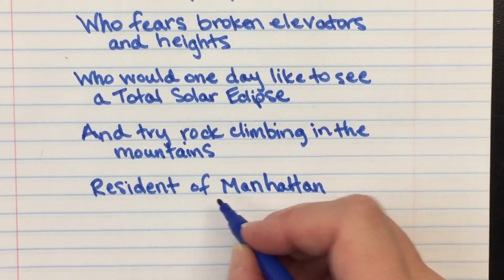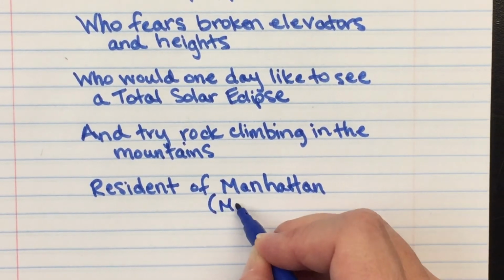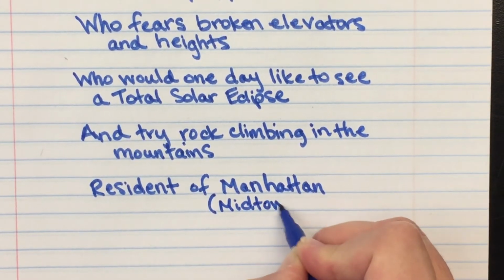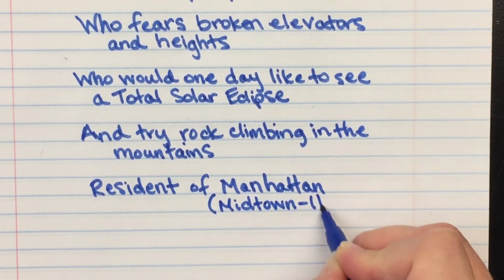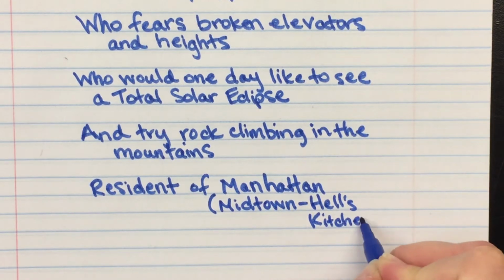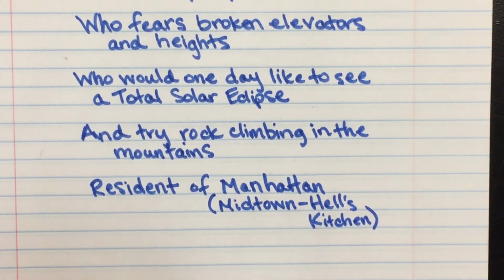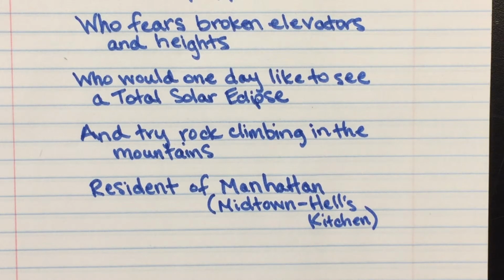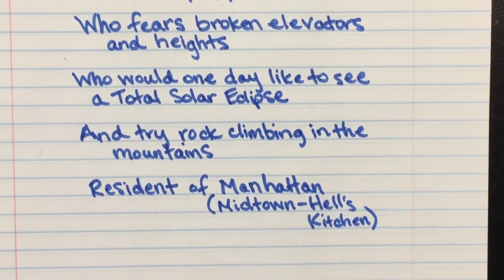So for example, I might say that I live in Midtown, Hell's Kitchen. I live right here in this neighborhood, right? You might see me walking around one day if you are hanging out, okay? Or maybe you live in Astoria, Queens, or maybe you live in Bed-Stuy, Brooklyn, or maybe you live in the South Bronx. Wherever it is you live, you can be more specific.